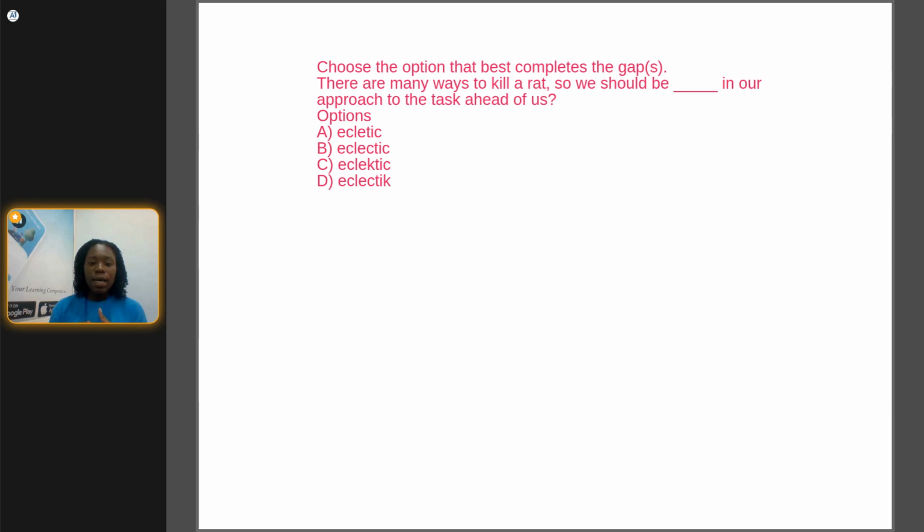So eclectic, you already know that EC sounds familiar, like economy, like ecology, etc. So you don't have a problem with it. I'm mixing this with checking for common letter combinations. So EC is a common letter combination.